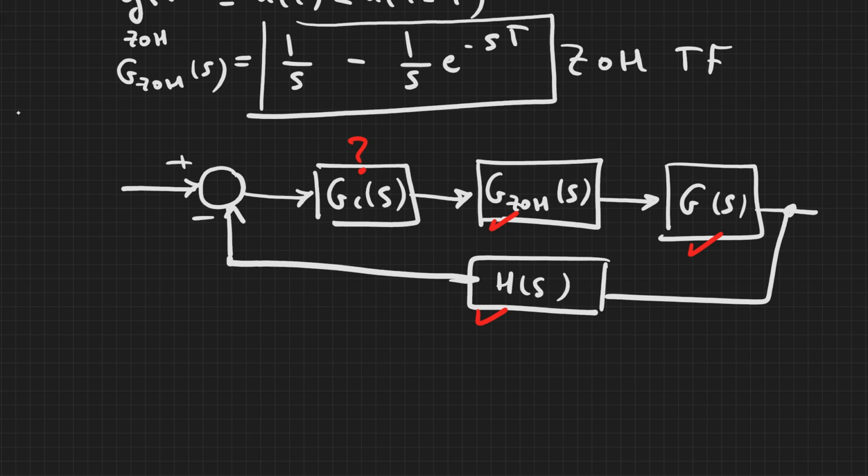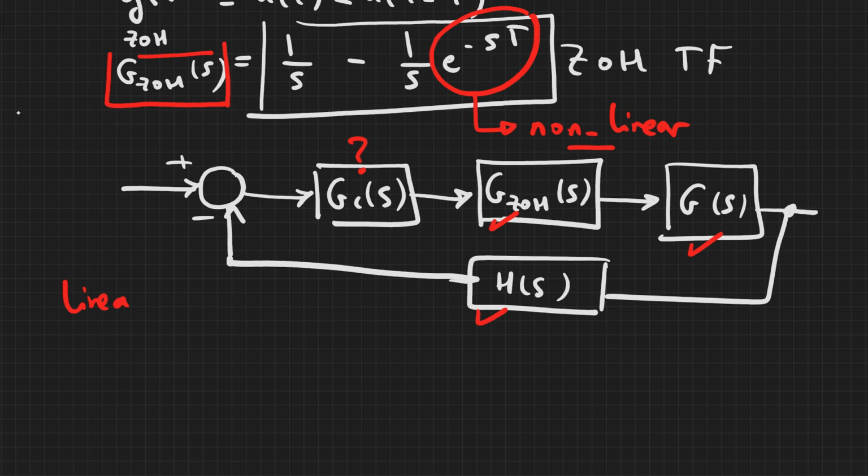But there is still a problem. If you examine this transfer function a bit more closely, you will find that there is a nonlinear term here, which is e to the minus sT. The problem with such a term is that it's not compatible with our linear control theory.